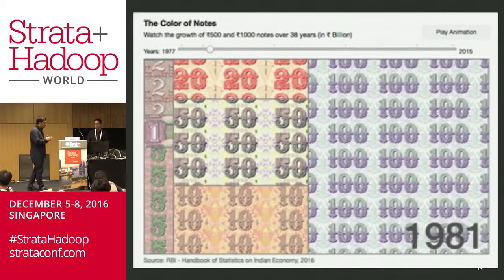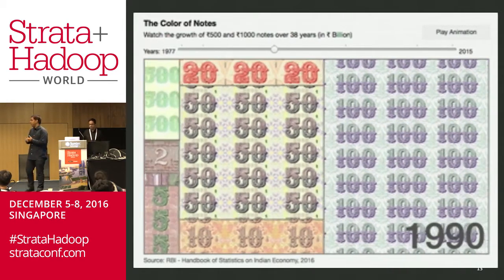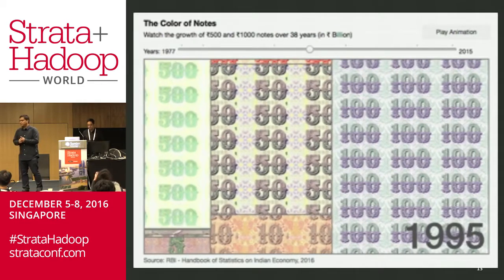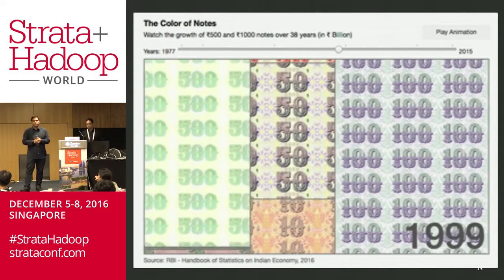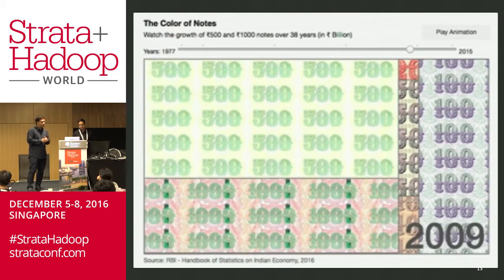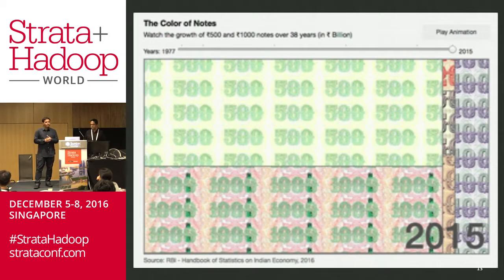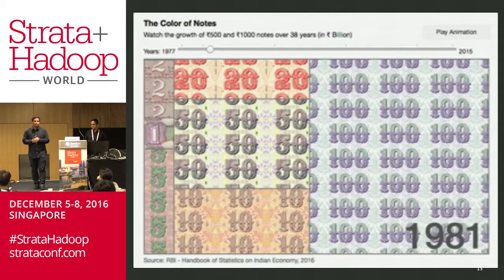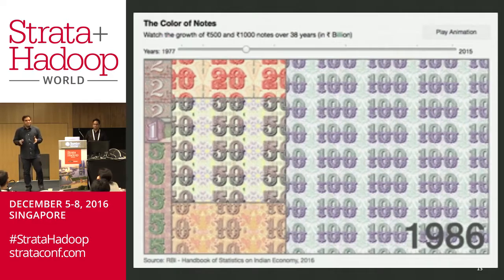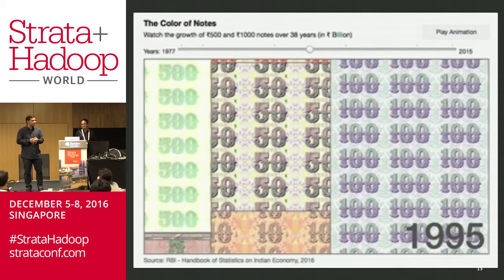But this is a visualization that I created around the share of notes, which goes from 1977 to 2015. As they progress, you can see, and it stops at 2015, that the bulk of the notes that we use in India are actually 500 and 1,000 rupee notes, right?